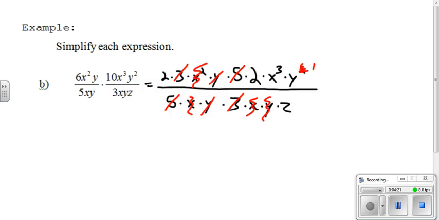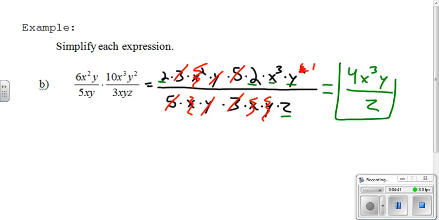It'll just be y to the 1 now. And it looks like that's all the dividing out that we can do. So we still have 2, 2, x cubed, and y to the 1. 2 times 2 is 4, x cubed, y, over the only thing left on bottom is z. So our most simplified version is 4 x cubed y over z.